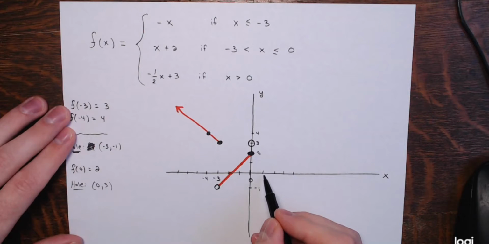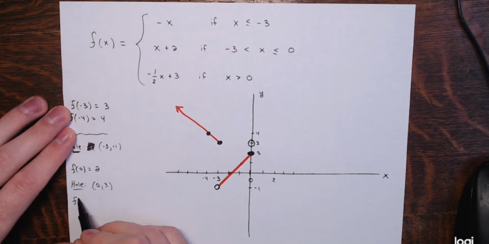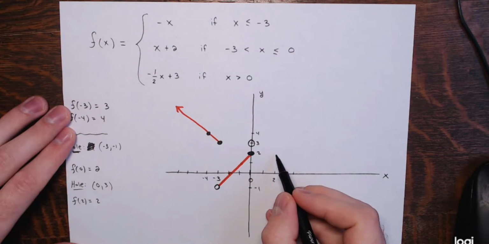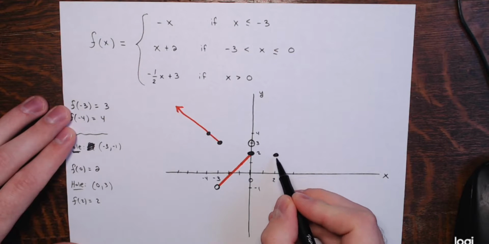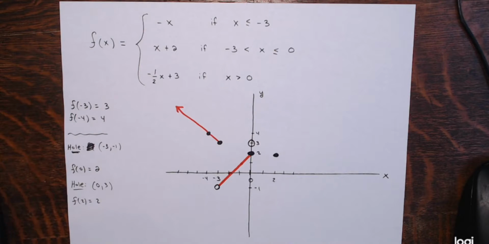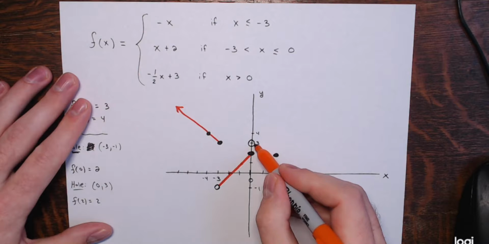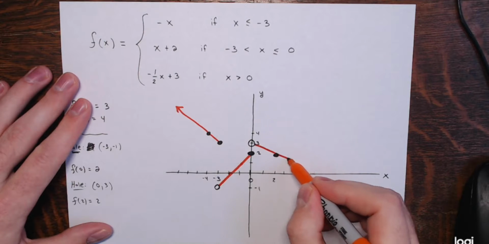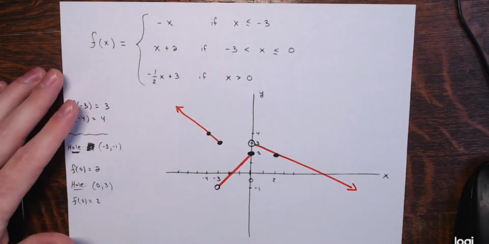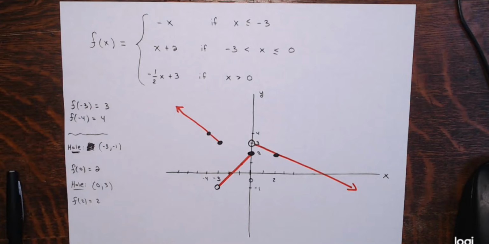And then you plug in, say, 2, right, f of 2 would be negative 1 plus 3. So 2, 2 is solid. And then it's just a piece of a line. It's just this line with a slope of negative 1/2, starting at this hole at 0, 3, right, going down like that. And there you go. All right, there's a graph of each piece.